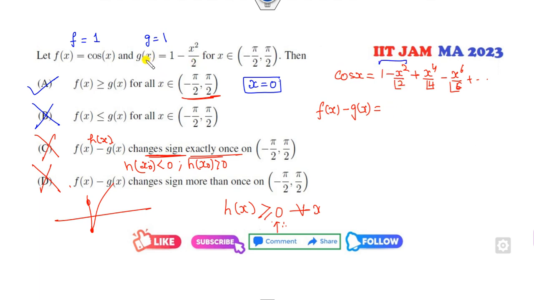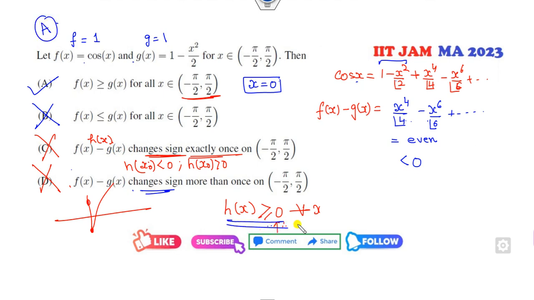So if you subtract them, f minus g is x to the 4 over 4 factorial, minus x to the 6 over 6 factorial, and so on, which is even degree, and it can never be less than 0. Fine, because it's a positive number, it can never be less than 0. So again you can say it never changes sign. A is my right answer. Otherwise you can simply say from this concept, it is always increasing, so it never is less than 0.